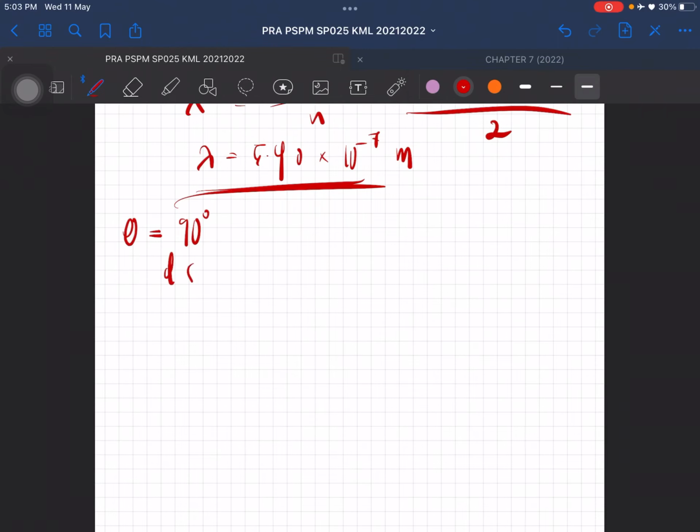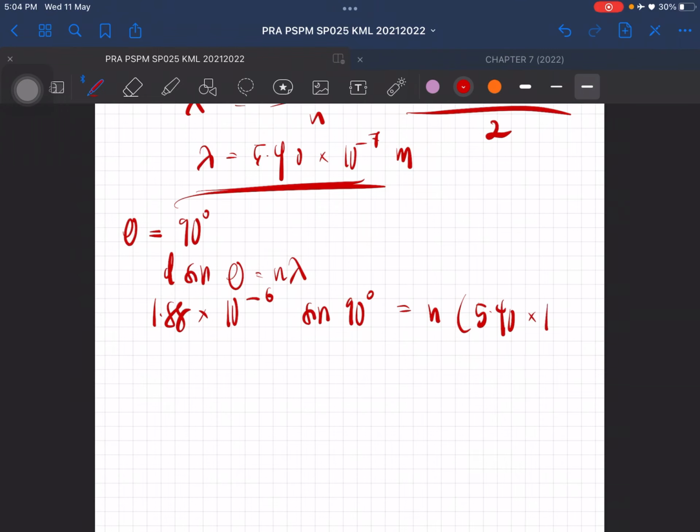So now we just use this equation again. So this is 1.88 times 10 negative 6 sine 90 degree equal to n times 5.4 times 10 negative 7. Okay, so from here we get n to be equal to 3.48. So this is approximately 3.